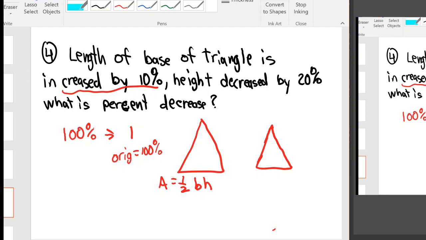I don't have to do anything fancy to it. I can write it in terms of decimals if I want. 0.5 base times height.